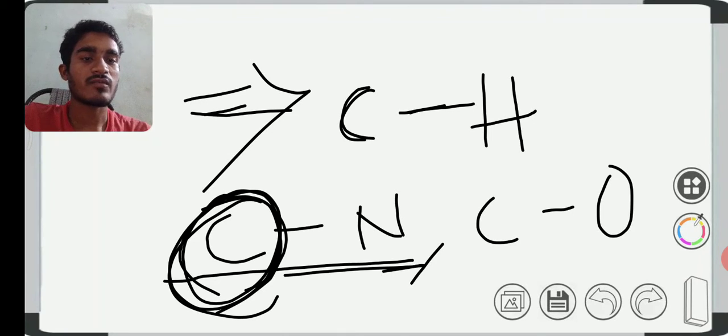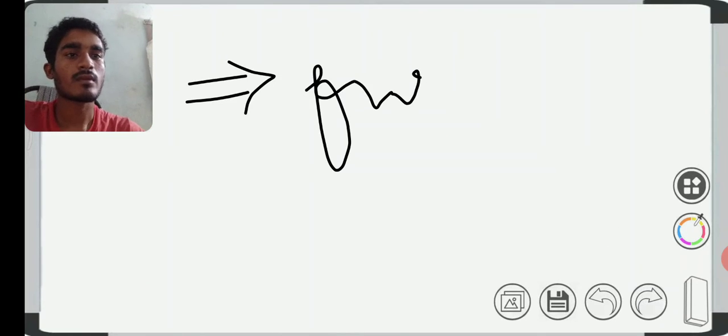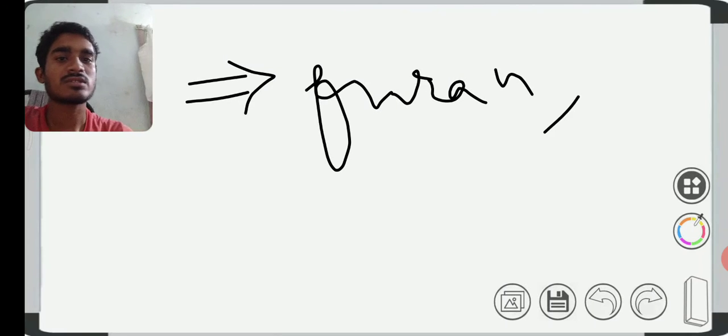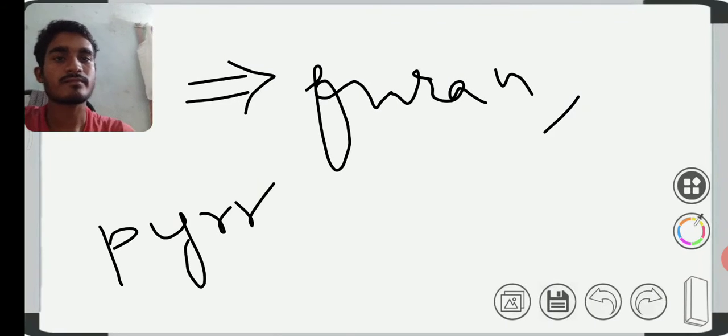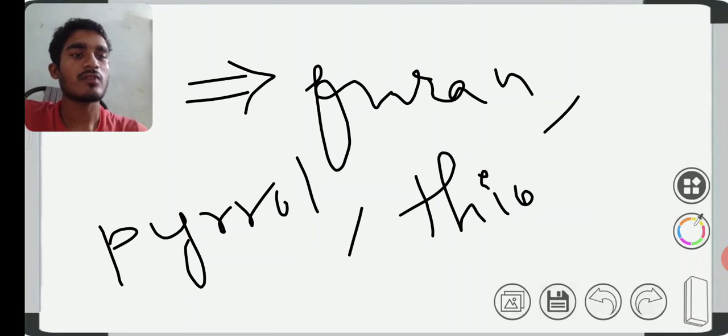Now we see this example, and next the structures of furans, pyrrole and thiophene.